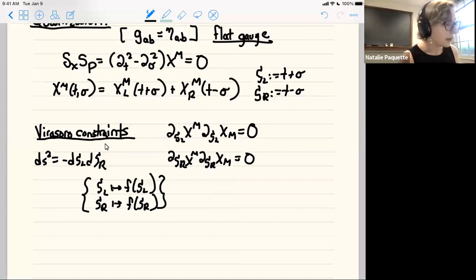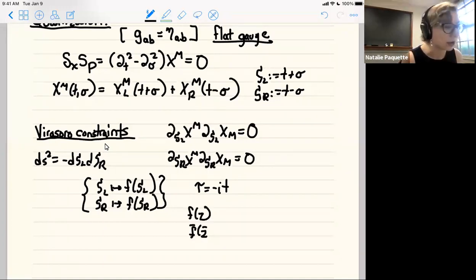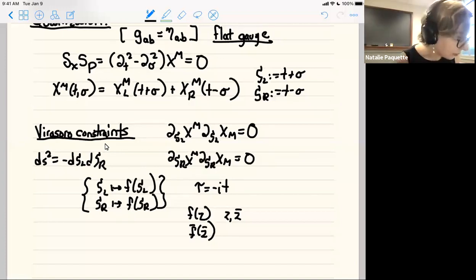And these probably will look more familiar to you in Euclidean signature. If I rotate my worldsheet and take zeta L and zeta R correspondingly to be complex coordinates that I call z and z bar, then what I get are holomorphic and anti-holomorphic reparameterizations of my worldsheet coordinates z and z bar, which I regard as independent coordinates, and these are conformal transformations.